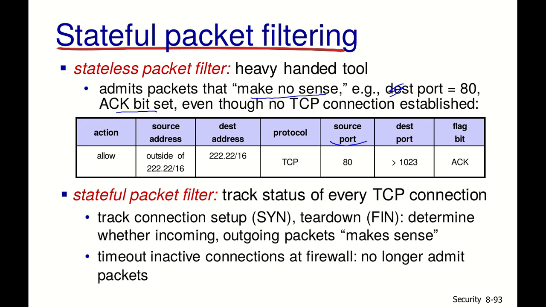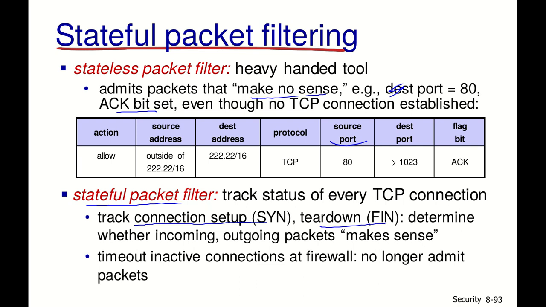All right, but if we use stateful packet filtering, it can track the status of every TCP connection and make correlations. For example, it can track the connection from the SYN until the FIN, I mean, from the three-way handshake until closing the TCP connection.